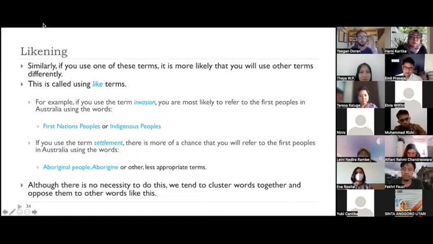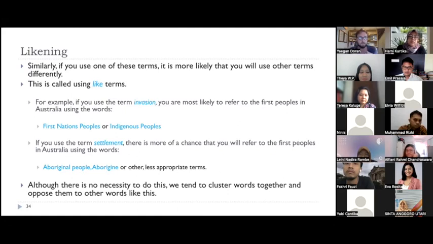In addition to this opposition between invasion and settlement, using one or the other indicates that you might also use other terms. It might be a bit tricky to wrap your head around, but you would feel it intuitively. We can call this using like terms, or likening.